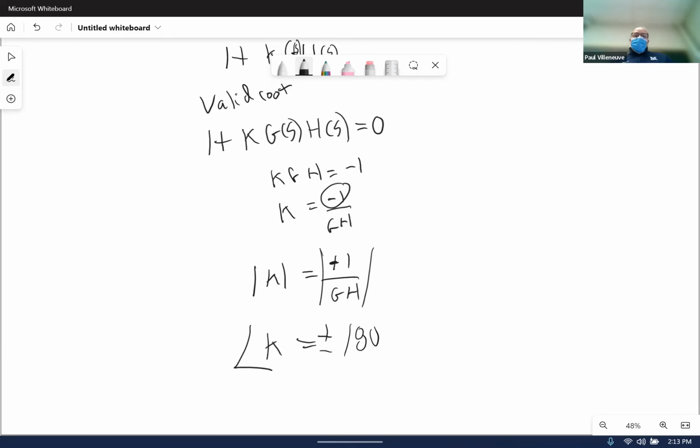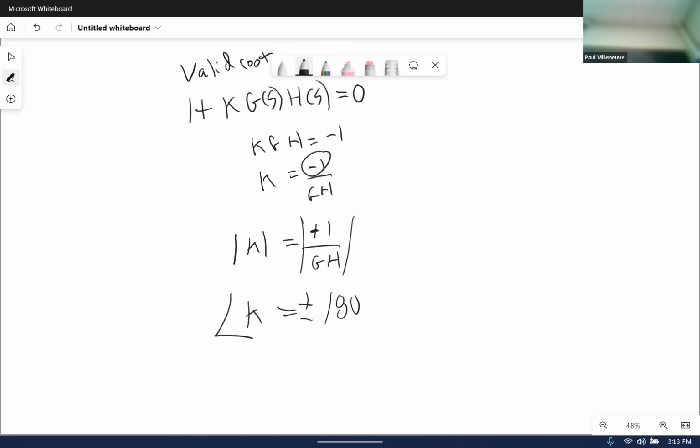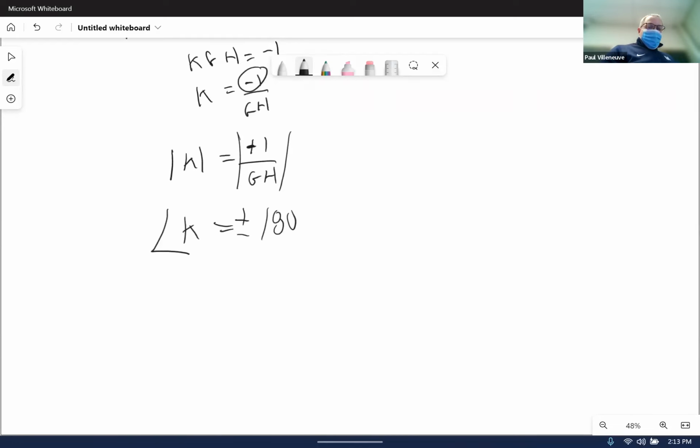And actually, we can expand that, because the angle of GH has to equal plus or minus 180.